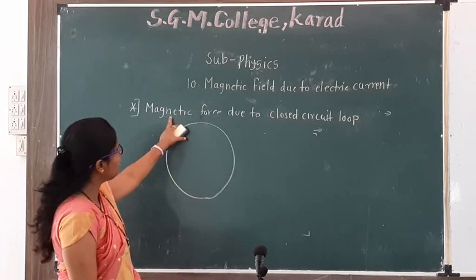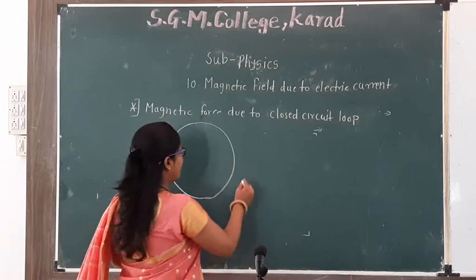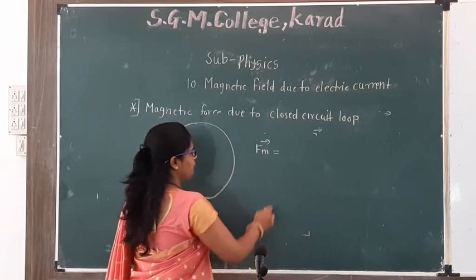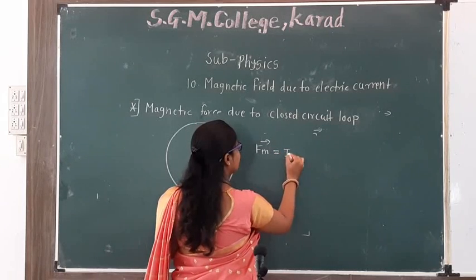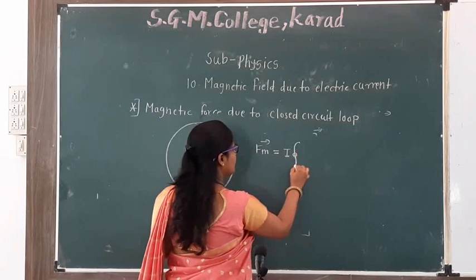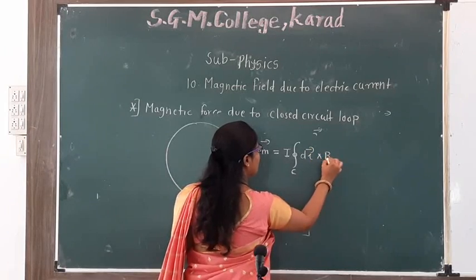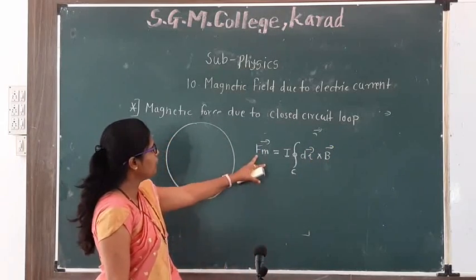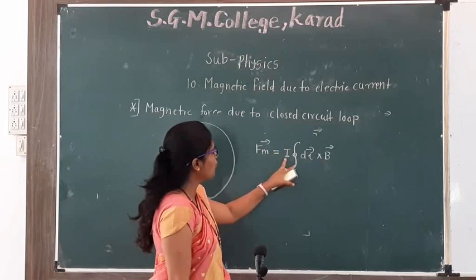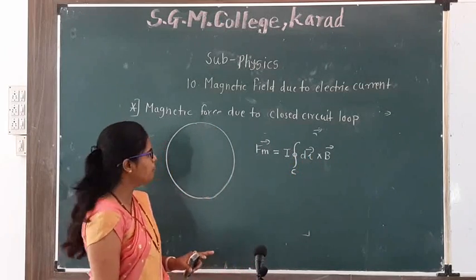Now, from the last equation, due to the closed circuit of wire, we can write vector Fm is equal to I, with the symbol used for a closed circuit integration, C, vector dl cross vector B. This is the magnetic force due to the closed circuit loop.